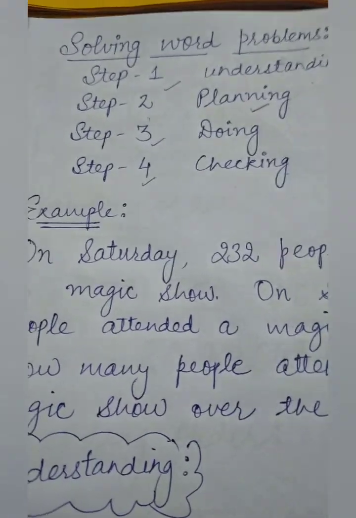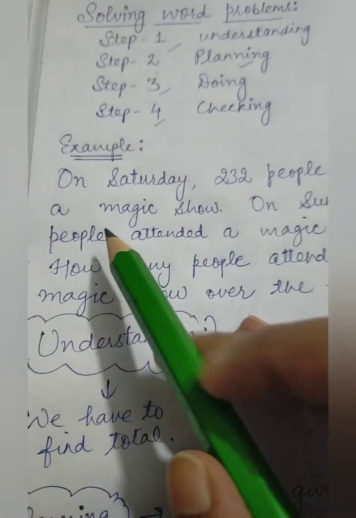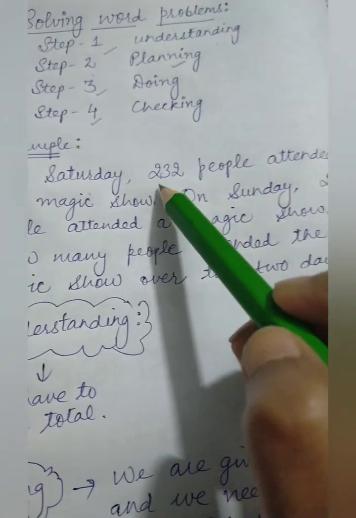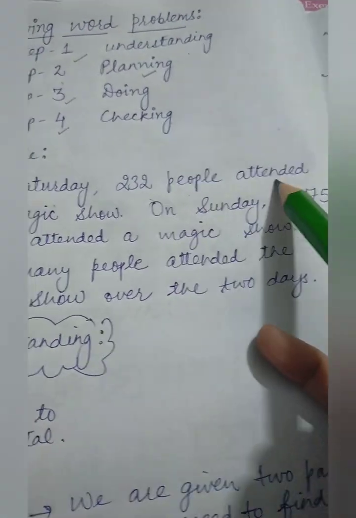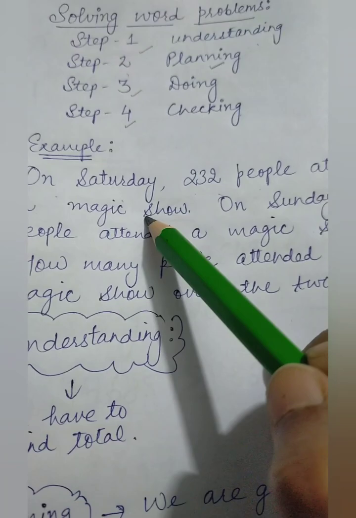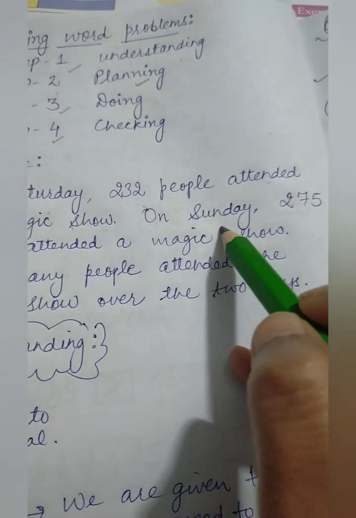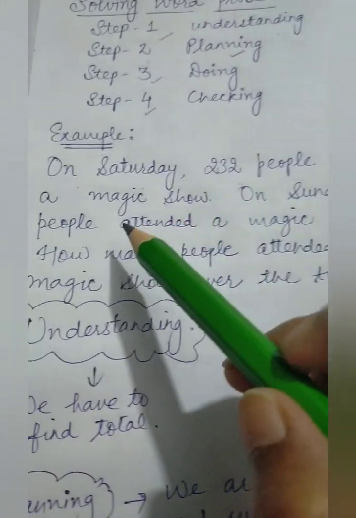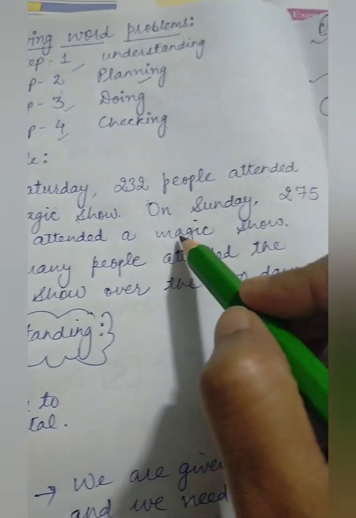Now I am going to give you one example. On Saturday 232 people attended a magic show, and on Sunday 275 people attended a magic show.